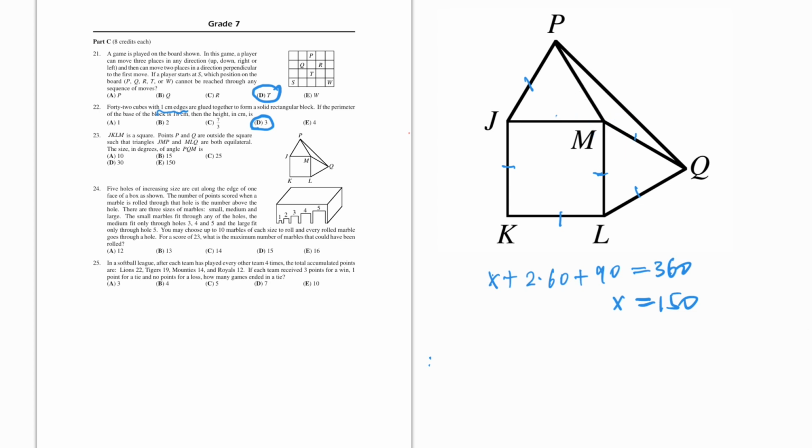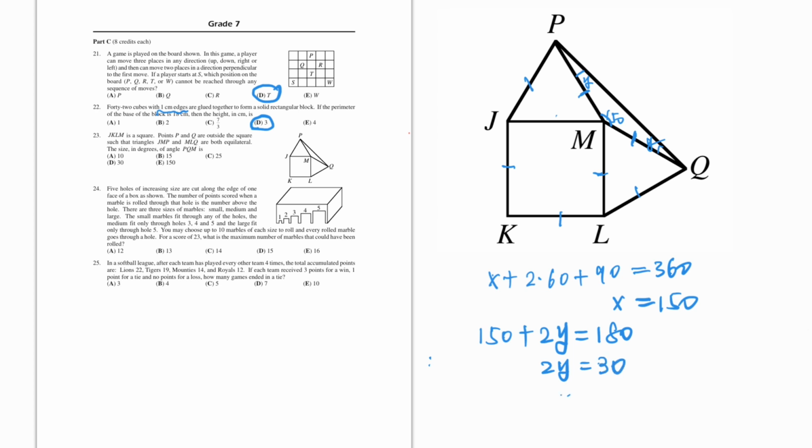Let's do this one. That's the 150. All the sides with the one stick mark are equal. So that means if this angle is the Y, sum of the interior angles of a triangle is the 180, so 150 plus 2y equal to the 180. 2y equals, move x to another side, 30.